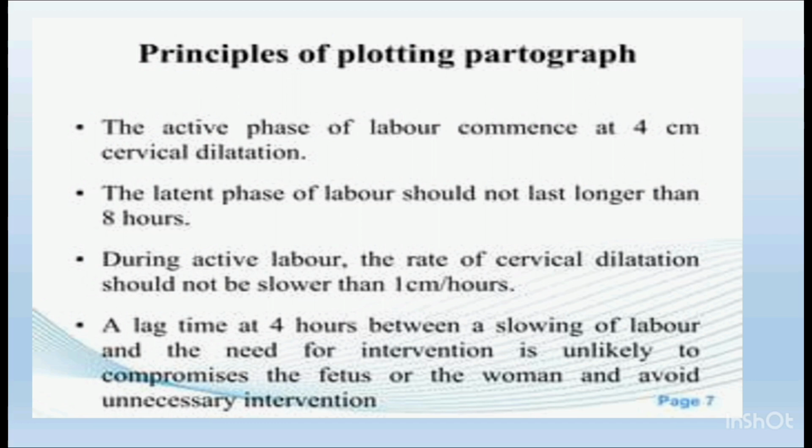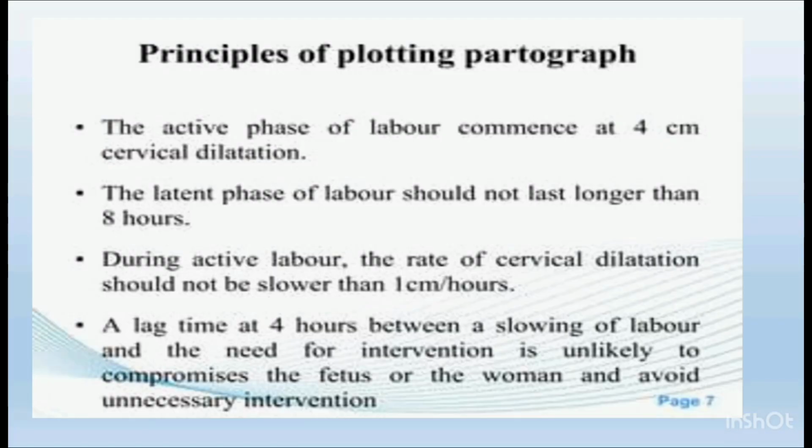Now the principles of plotting partograph. The active phase of labor commences at 4 cm cervical dilatation. The latent phase of labor should not last longer than 8 hours. During the active labor, the rate of cervical dilatation should not be slower than 1 centimeter per hour.